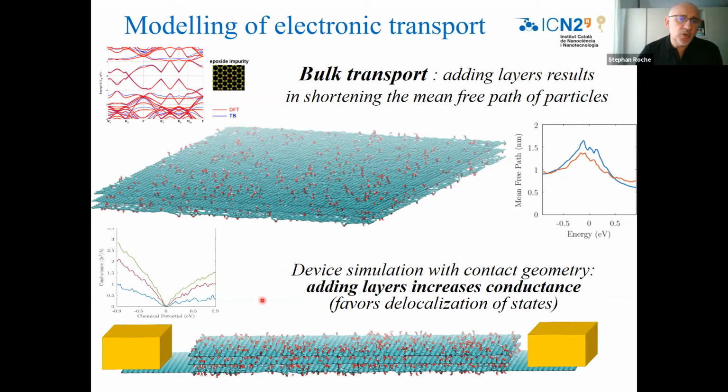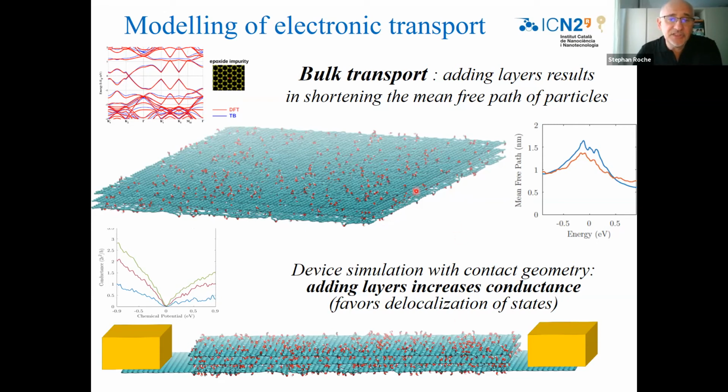On the contrary, when we integrate this type of structure and we contact them in a way which is similar to the experimental situation, then we find a kind of opposite trend, in the sense that by adding layers, the conductance that is measured between contacts will increase with the number of layers for exactly the same number of defects and same defect density.